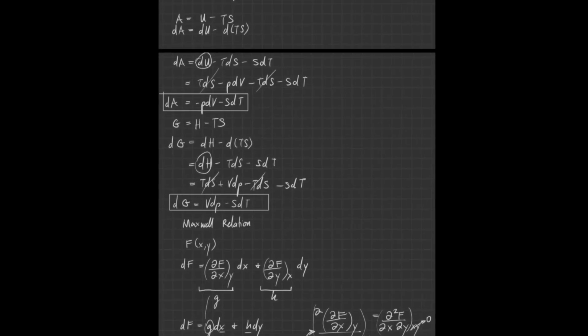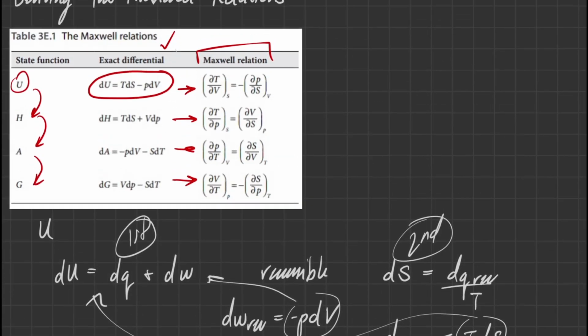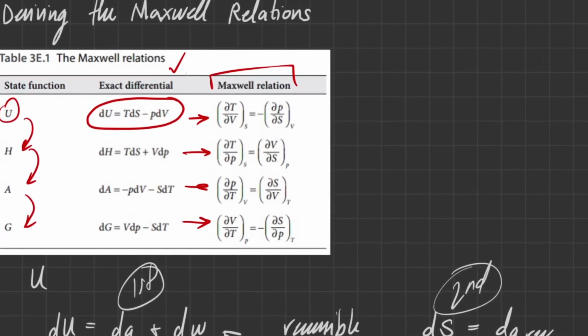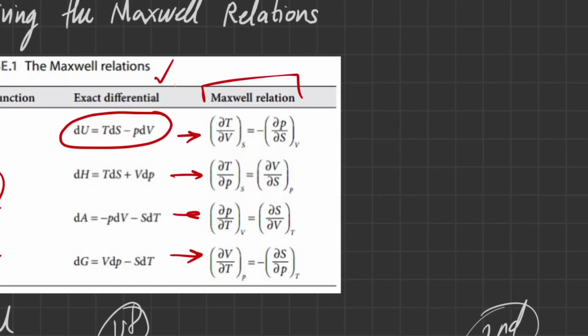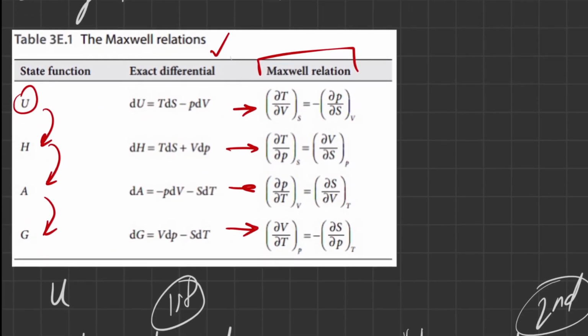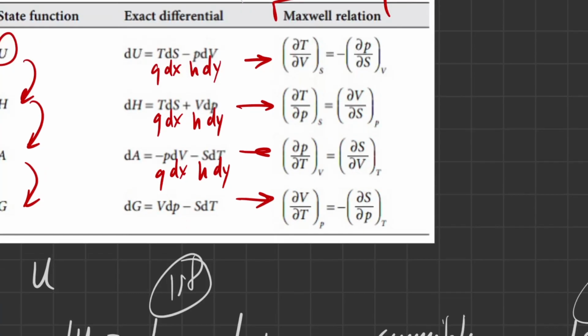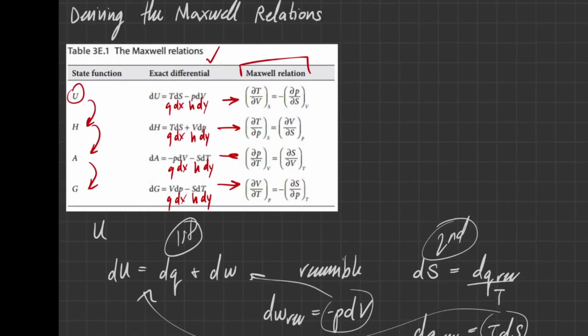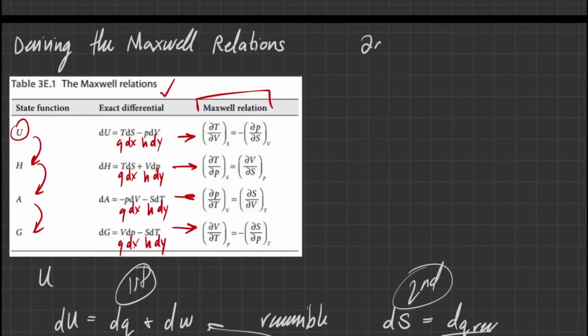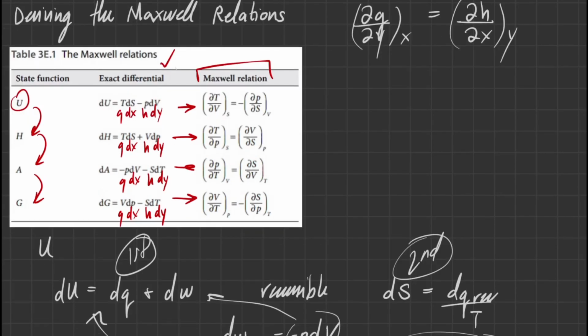Now that we've derived all of our exact differentials, we can go back and put them in terms of g dx plus h dy. Essentially you can use the relation that the partial of g with respect to y at constant x is equal to the partial of h with respect to x at constant y. Now you can just go through all of them.